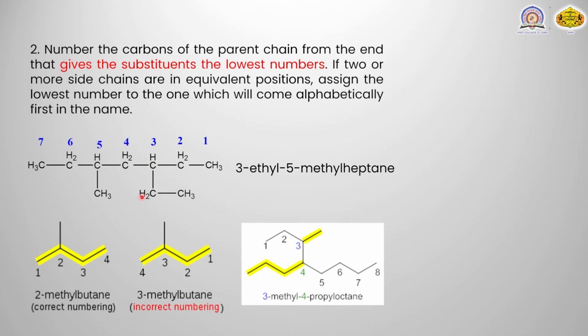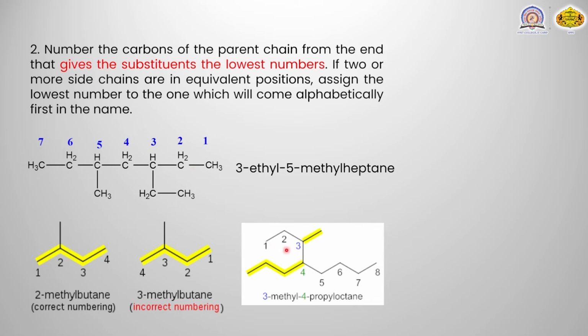In that case, we have to decide by the alphabet. The alphabet with the lower order will come first, followed by the second. So E comes first, then M. So in order to get that name, we have to number from this side. So 1 2 3 4 5 6 7 is the perfect numbering.